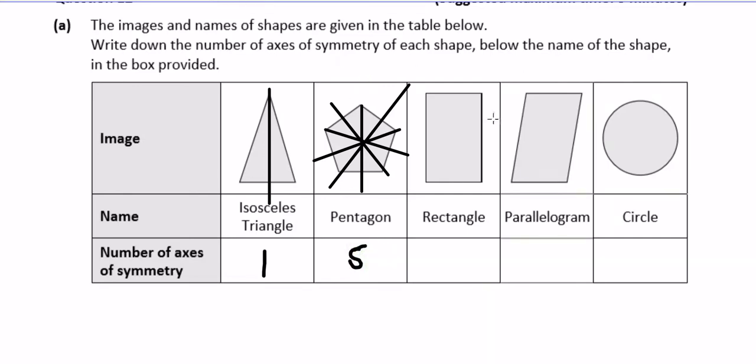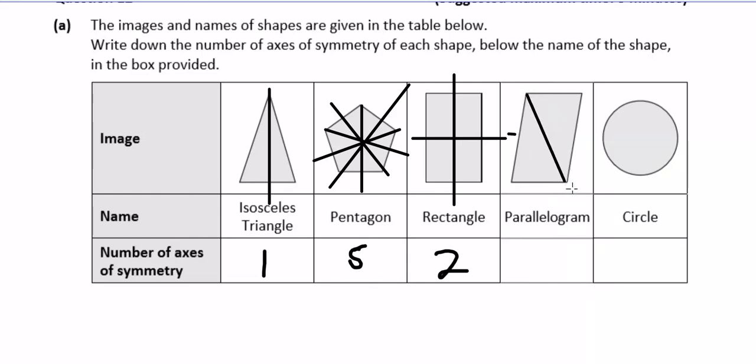A rectangle should be 2 because you can fold it lengthwise or you can fold it widthwise. So that'd be 2 for a rectangle. A parallelogram, I don't think has any. Can't fold it like that. Just doesn't fold over properly.